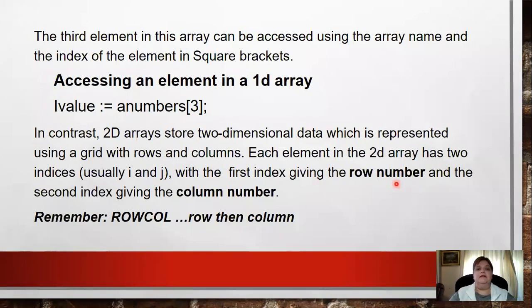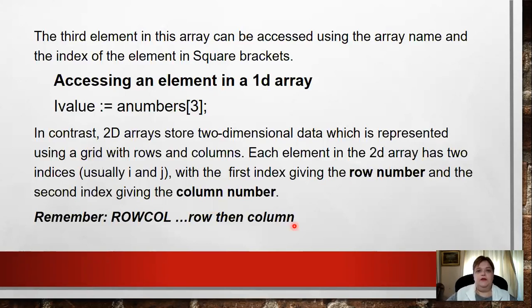Now this is extremely important, okay? It's important that you do not mix up your row and your column. So the first index, I, is going to be my row number, and the second index is going to be my column number. Now, how am I going to remember this? Remember, row, then column.